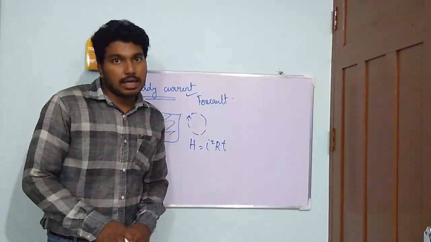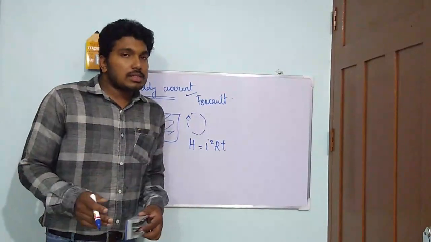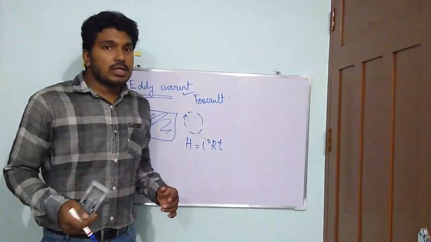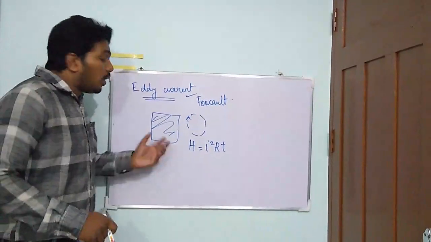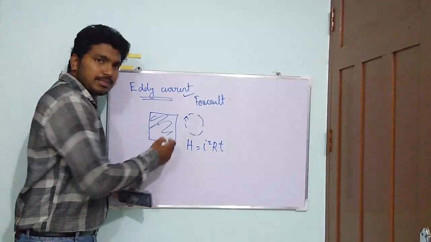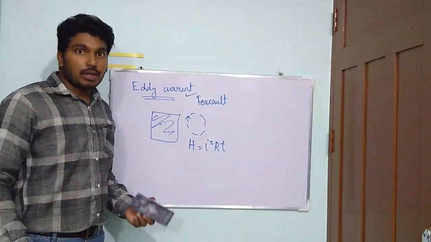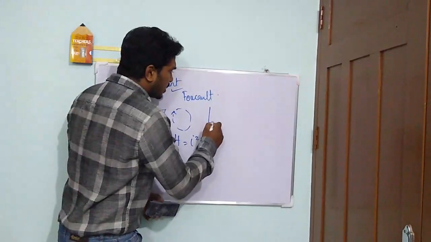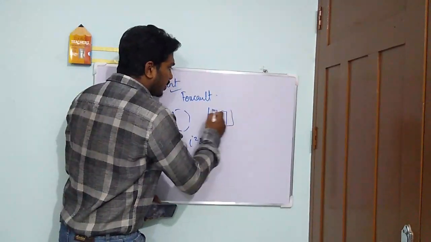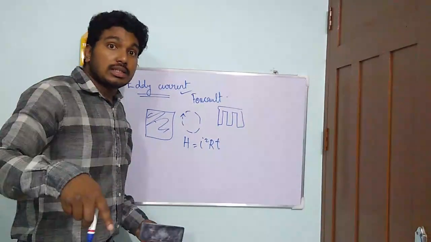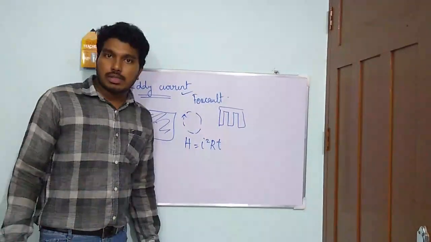But as humans, we make use of everything around us, right? To reduce this eddy current, we can make holes, thereby increasing the resistance and decreasing the current. Or we can make small slots in the material. Or we can do some lamination for the process.